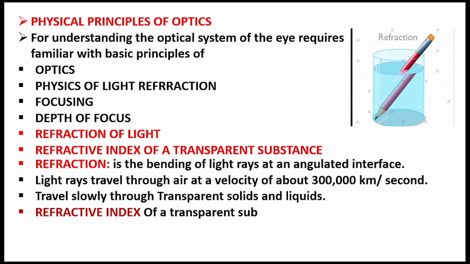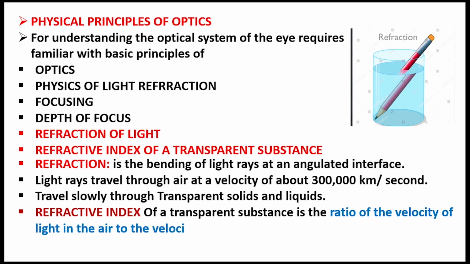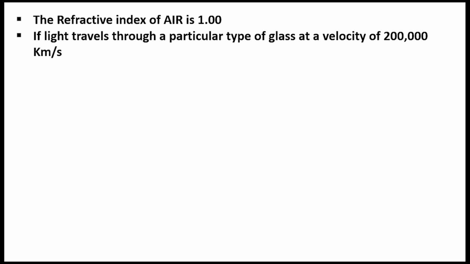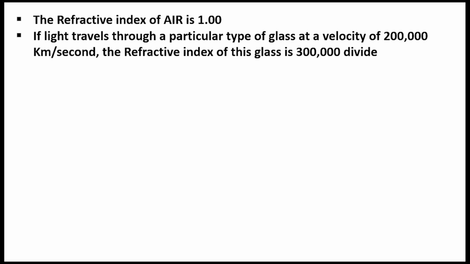The refractive index of a transparent substance is the ratio of the velocity of light in the air to the velocity in the substance. The refractive index of air is 1.00. If light travels through a particular type of glass at a velocity of 200,000 km/second, the refractive index of this glass is 300,000 divided by 200,000, or 1.50.